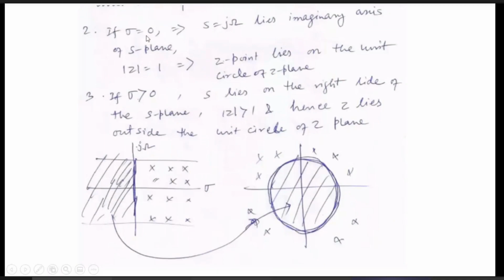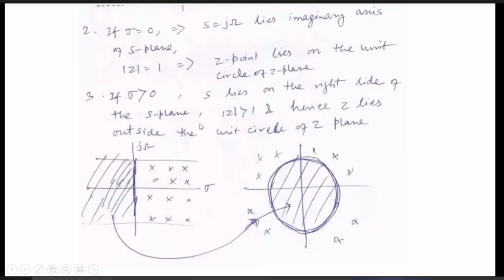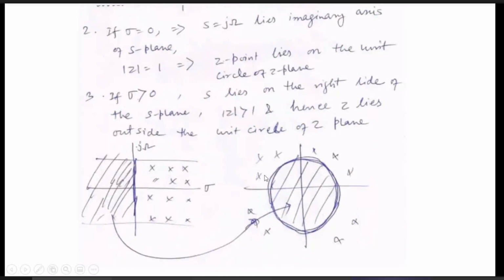And when sigma is equal to 0, that means S is equal to only j omega, that is the imaginary axis. So mod z is equal to 1, that means on the unit circle. So the imaginary axis j omega is mapped on the perimeter of the unit circle.